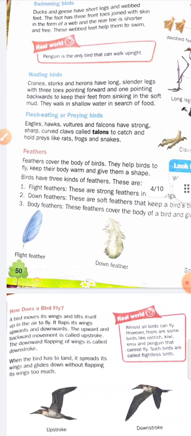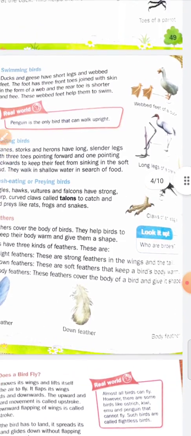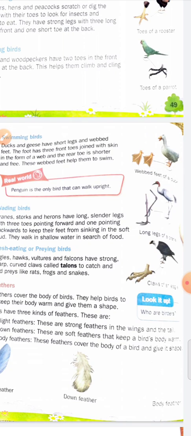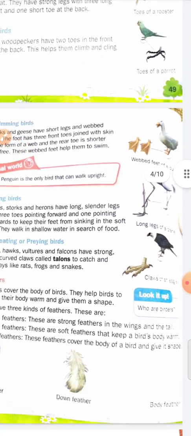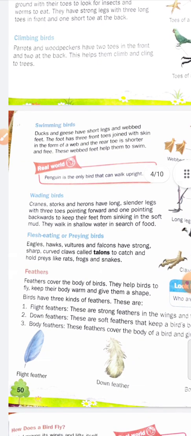And body feathers cover the body of a bird. You can see this bird also. These body feathers are found on the body of the bird, cover it and give it shape also. So there are 3 types of feathers: flight feathers, down feathers and body feathers.